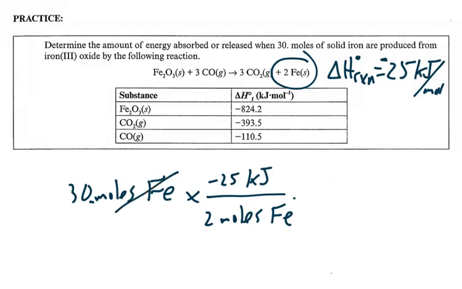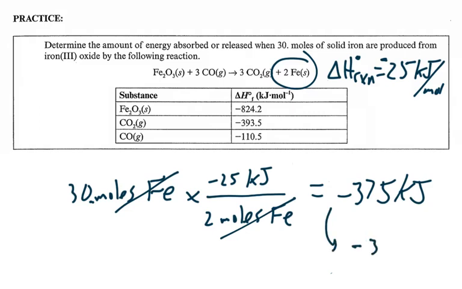So we're going to multiply 30 times negative 25, and then divide that by 2, and you get negative 375 kilojoules. Now, if you round that to 2 significant digits, we could just call it negative 380 kilojoules.